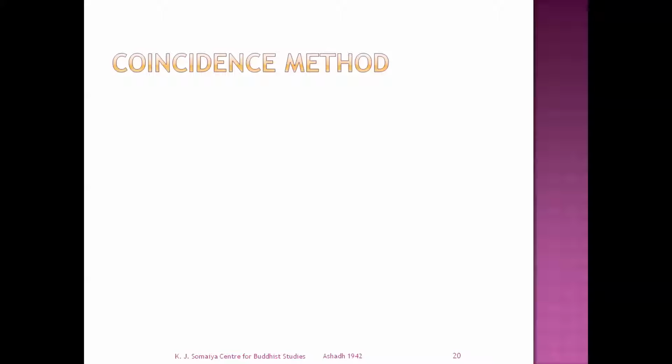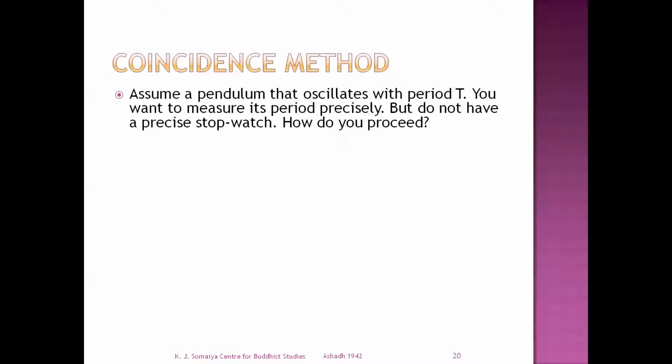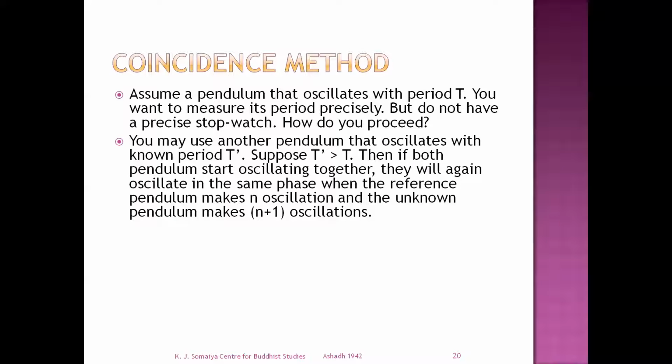There is another method that we use today. We'll see how it becomes relevant there for precise calculation. Suppose you want to measure the oscillation of a pendulum whose period is some t. You want to measure its period precisely, but you don't have another precise stopwatch. So what do you do? Suppose you have another pendulum whose period you know very well, and that period is t prime. Now what will happen?